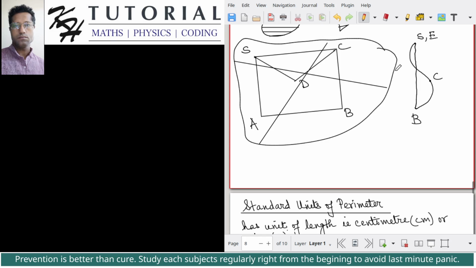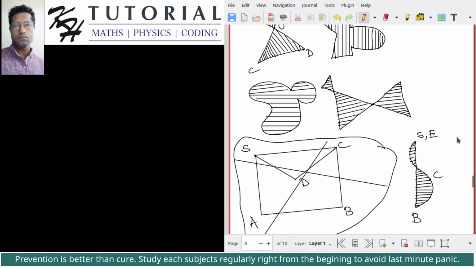So what will be the region enclosed by the boundary of this figure? This is the shaded part. This part is the region enclosed by the boundary of this figure. I am just trying to explain what is the region enclosed by the boundary of a closed figure.